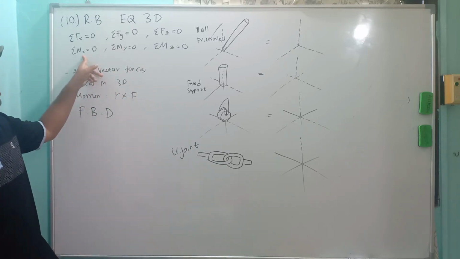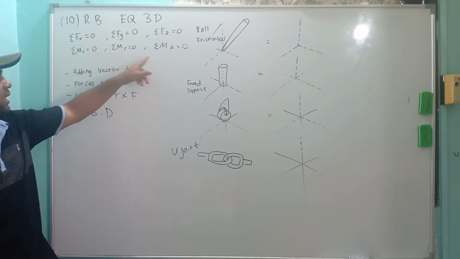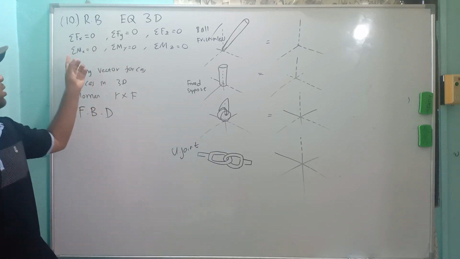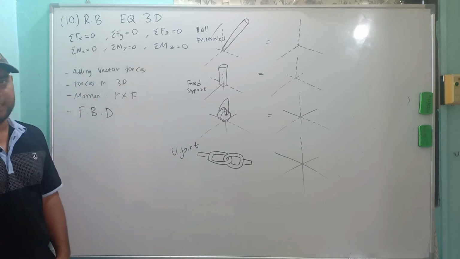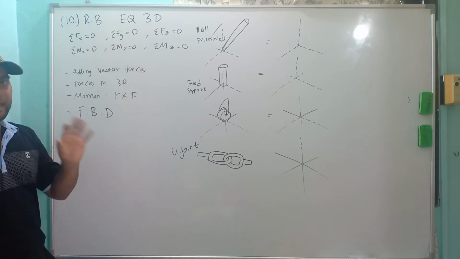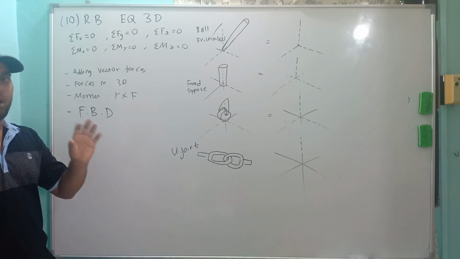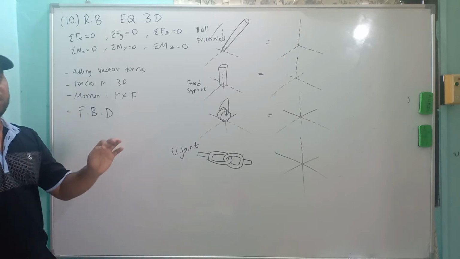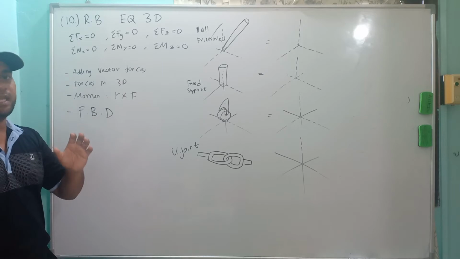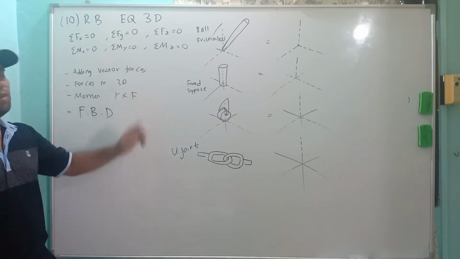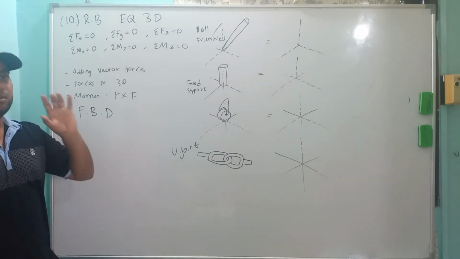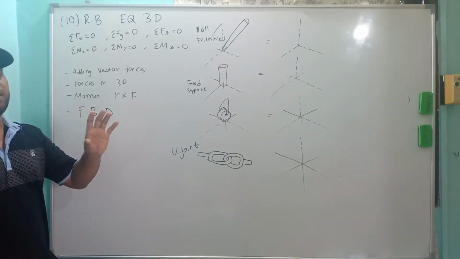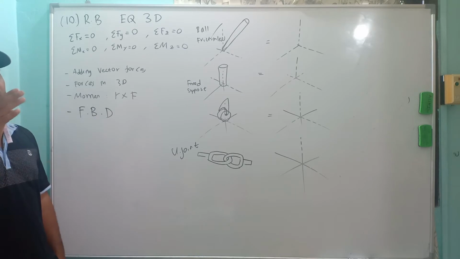This sigma moment in x, y, and z doesn't mean that we take the moment about the x-axis, y-axis, or z-axis. No, we are actually taking the moment about a point, and we choose a suitable point to take the moment. When you calculate the moment about a point, your result will have moment in x, moment in y, and moment in z.